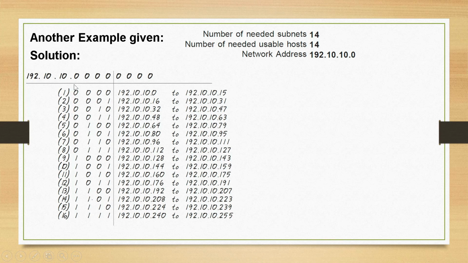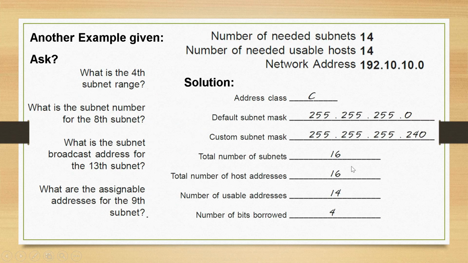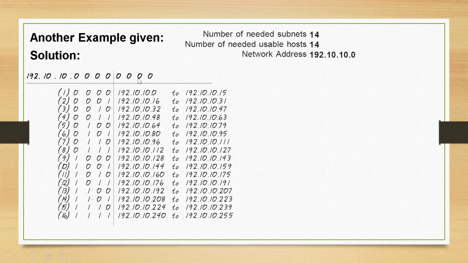For the range, remember there are 16 new subnet addresses that we are able to generate. So here we have 0, 1, 2, 3, 4, 5 up to 15. These are the 16 subnets or the network addresses. For the hosts, remember that there are 16 host addresses, so we start with 0.